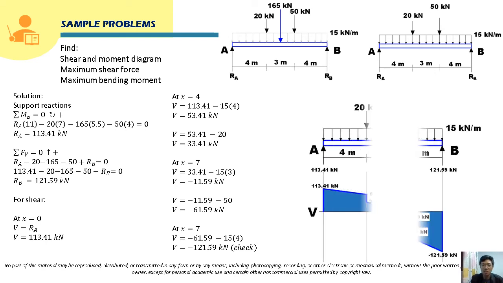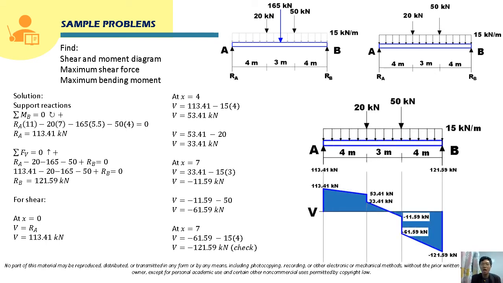Okay, so from here, class, we can now plot the values of the shear at each point. At x equal to 0, again, the shear is 113.41. We are going to plot that. This is positive, so it will be above the x-axis. So it will be plotted here.